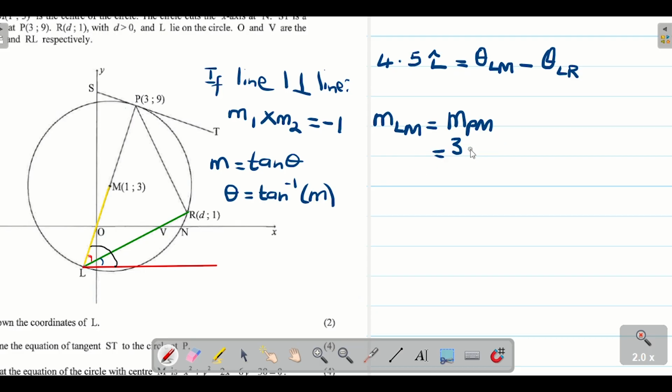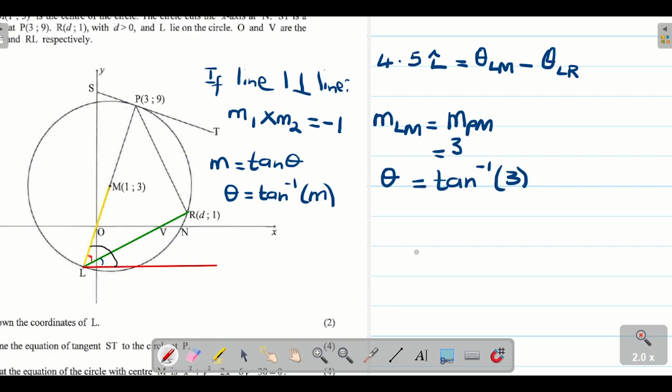All right, so from this we can find the angle of inclination of LM. It will simply be equal to arctan 3. When you work this out, you just press shift tan 3 and you'll get a value. But we'll leave it like this for now so that we don't find ourselves rounding up prematurely and end up having an answer that is a bit off.